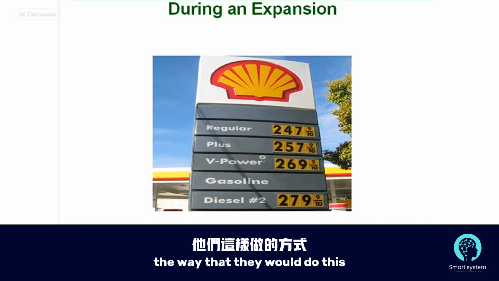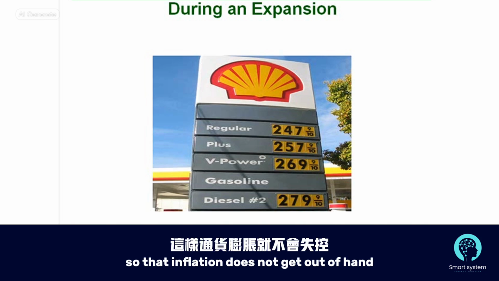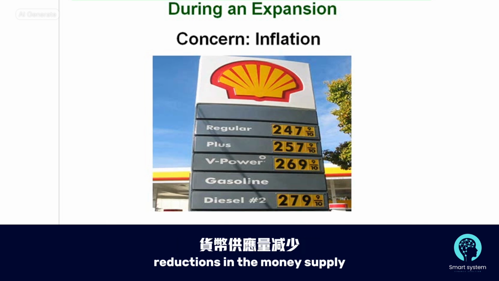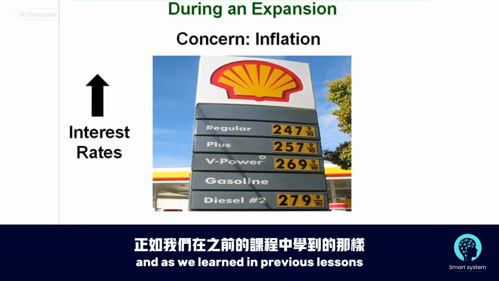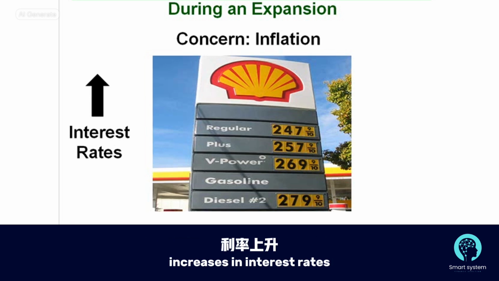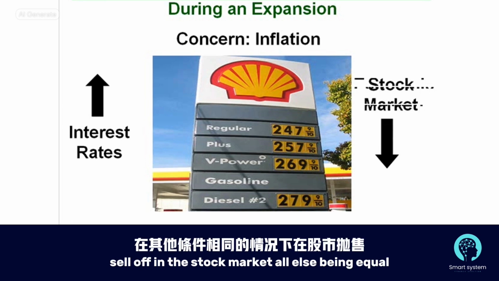The way that they would do this is by reducing the money supply in order to slow economic growth, so that inflation does not get out of hand. As we learned in our last lesson, reductions in the money supply mean increases in the Fed funds rate. And as we learned in previous lessons, increases in interest rates mean slower economic growth, which normally means a sell-off in the stock market, all else being equal.